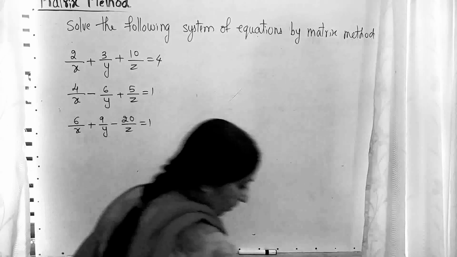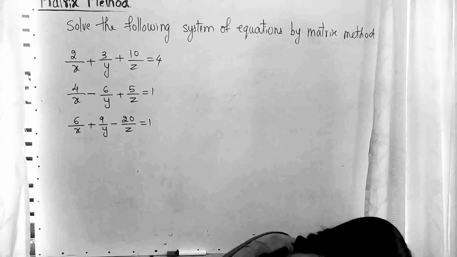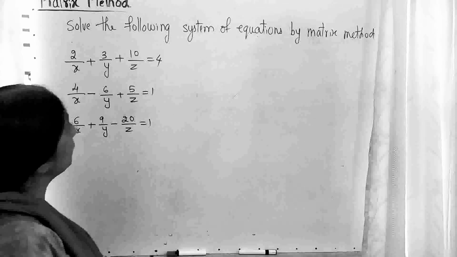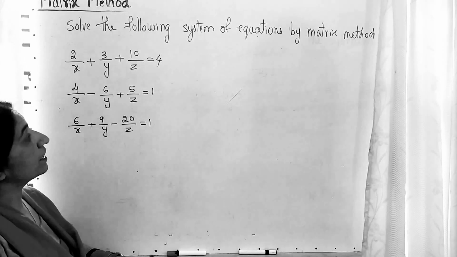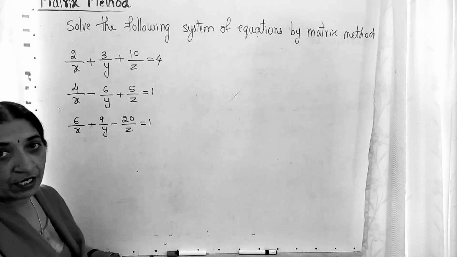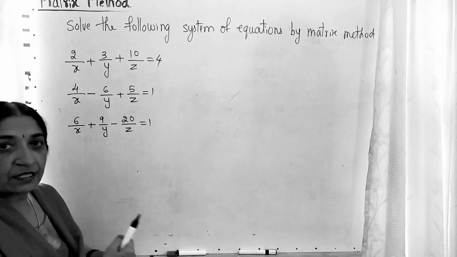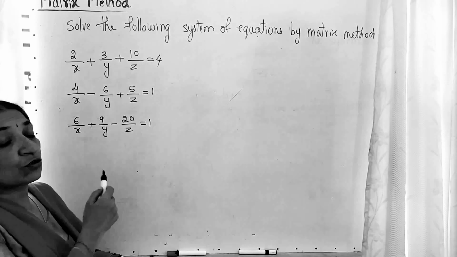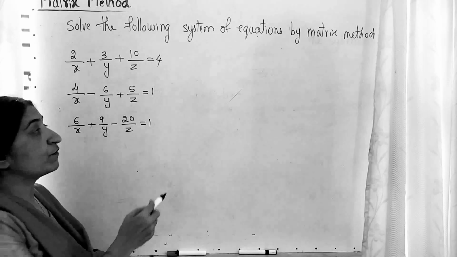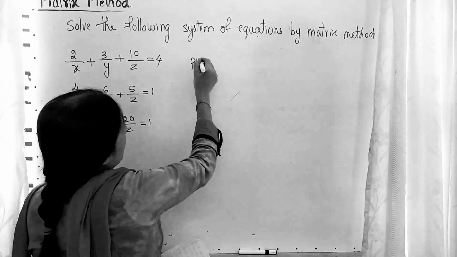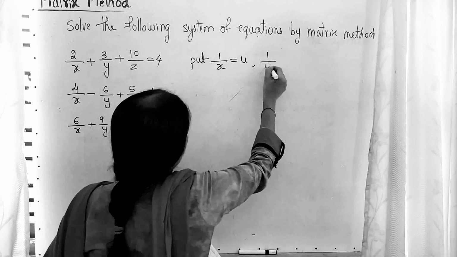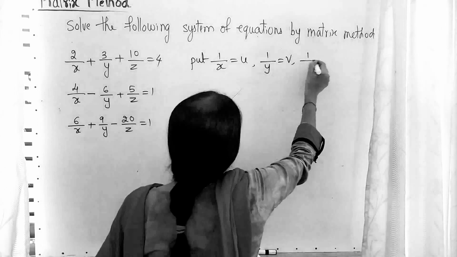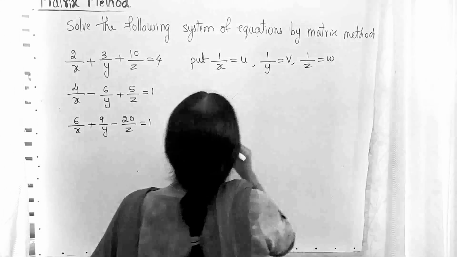See students, in all the previous examples, what you observed, x, y, z are present in the numerator, but here they are in the form of reciprocal. That means in fractions. That's why I am telling you this is very interesting. So convert this problem into the normal form. Normal form means I am writing 1 by x as u, 1 by y as v, 1 by z as w.